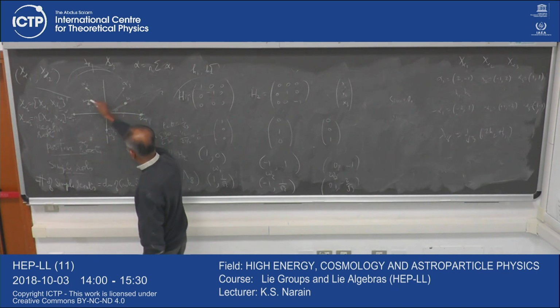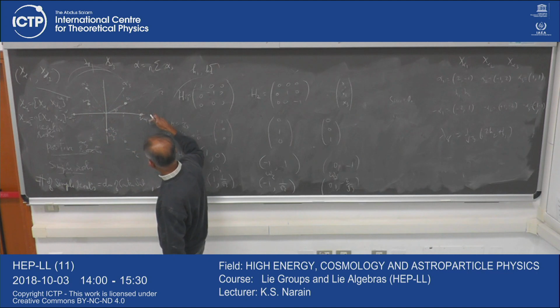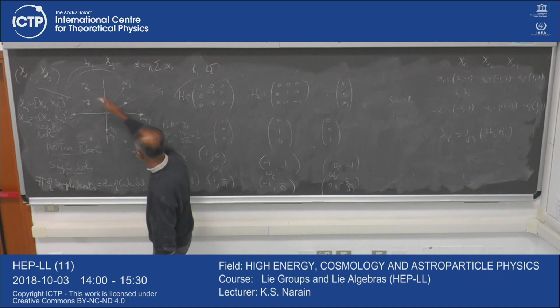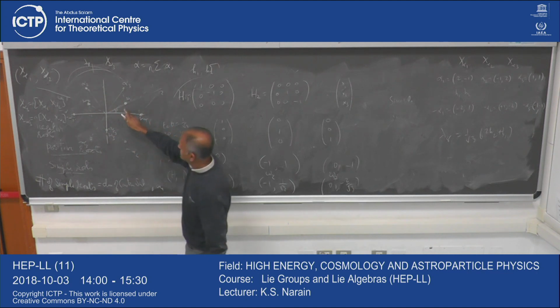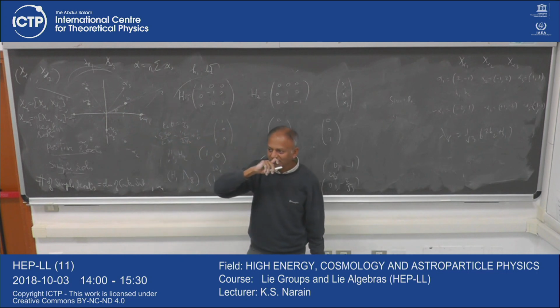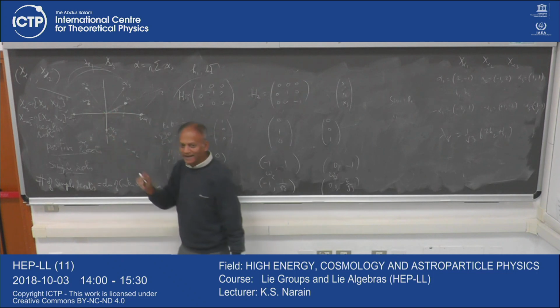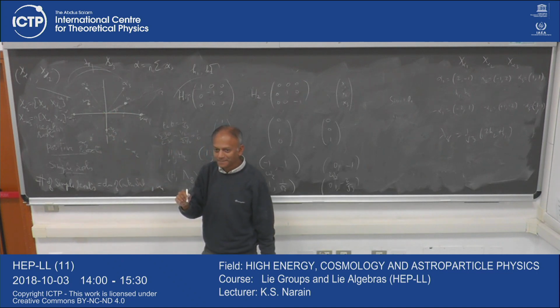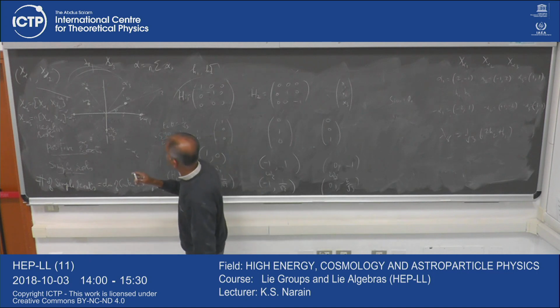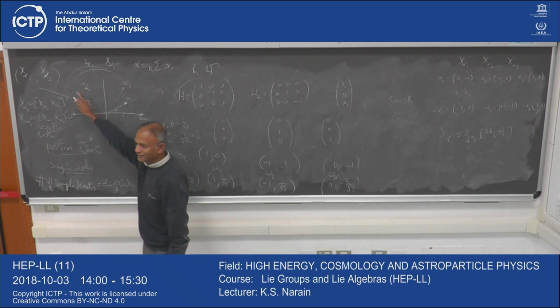Now in this representation, again, choosing our simple roots, alpha 1 and alpha 2, can anyone say which one is the highest weight? The simple roots are alpha 1 and alpha 2. So of these three states, which one will be the highest weight? No, highest weight, which is annihilated by both alpha 1 and alpha 2.